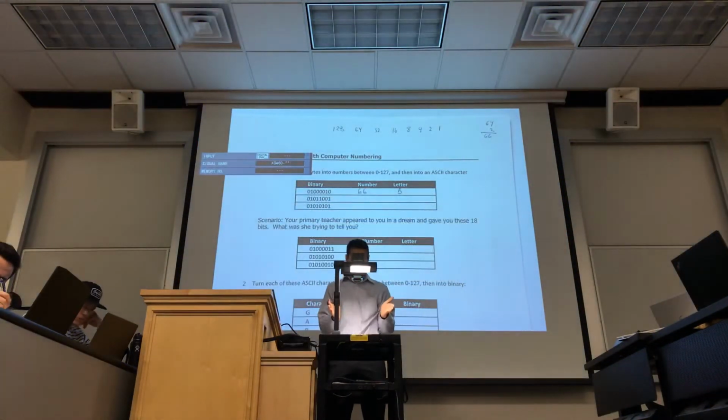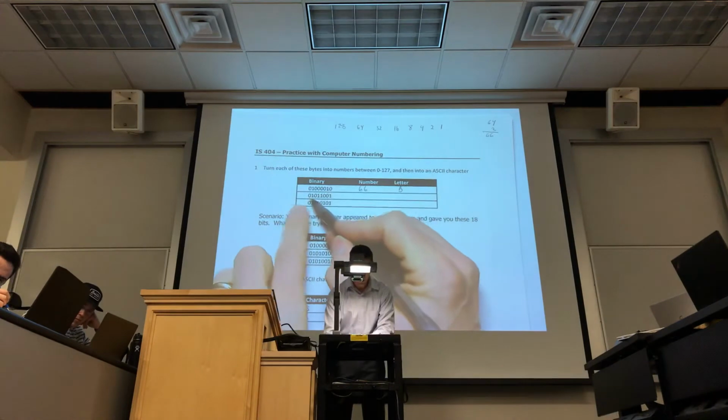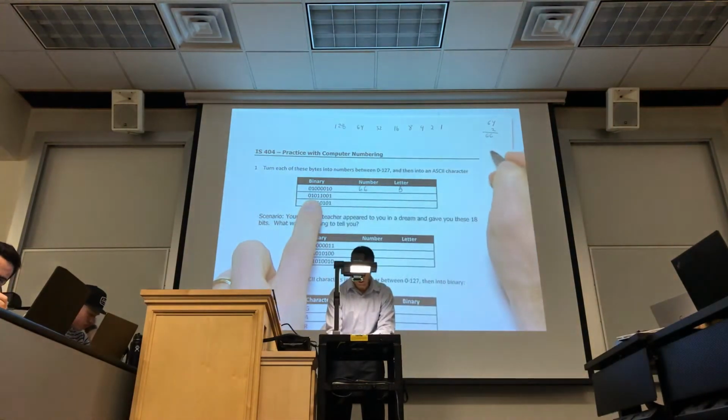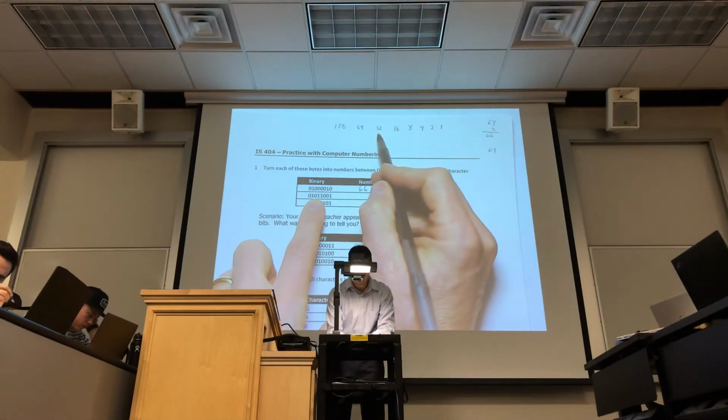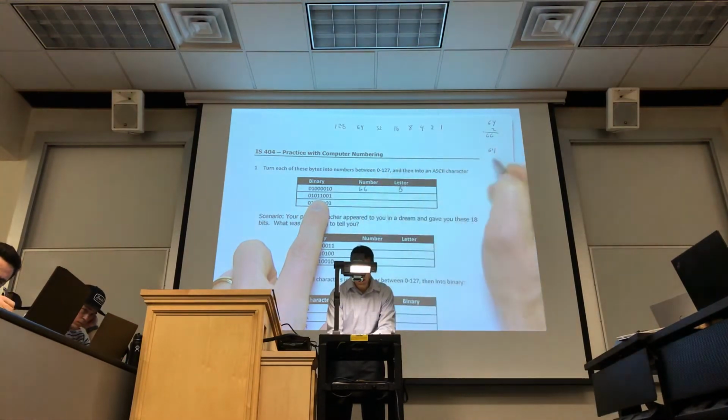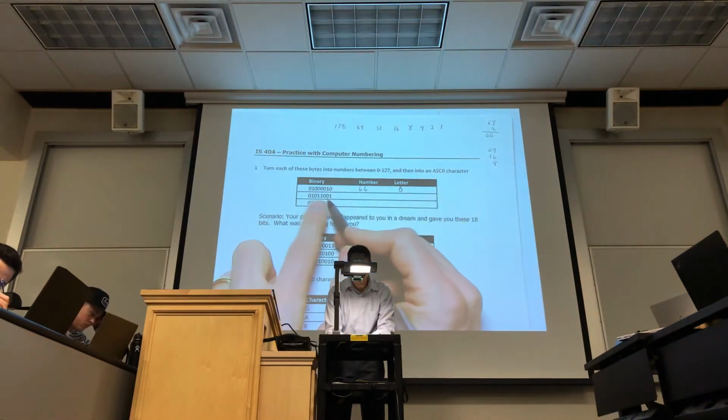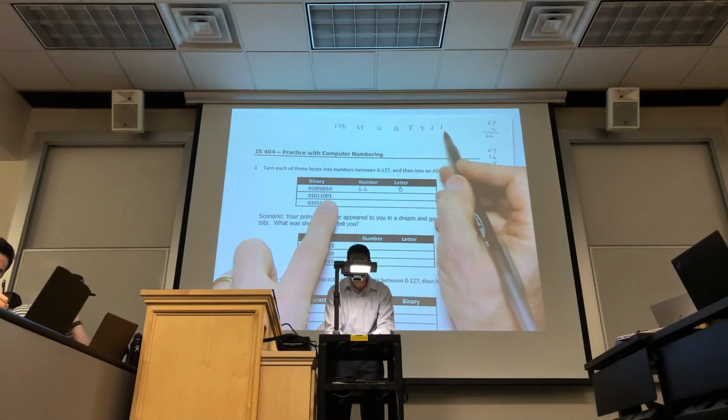Now I need to figure out what my next number is. There's something in the 64th place, so I'll do a 64. There's nothing for 32. The next one, I've got a 16, and I've got something in the 8th place, and then nothing, and then something in the last column, which is a 1.